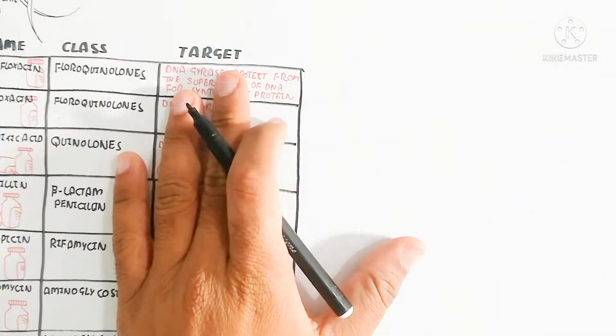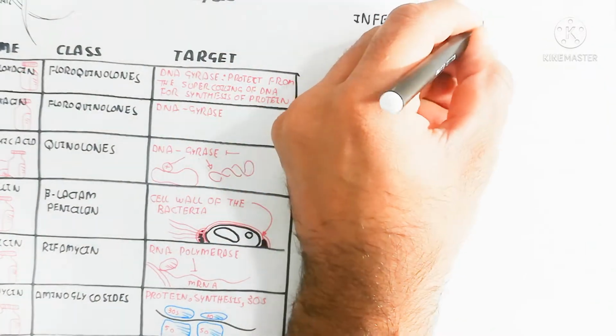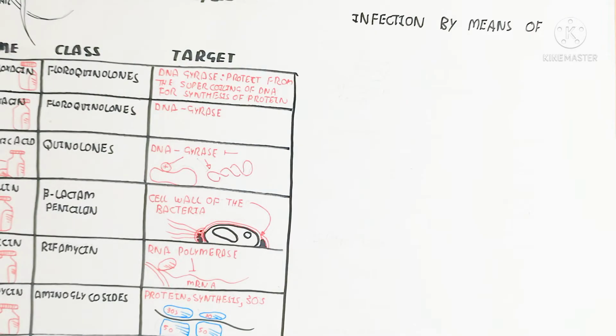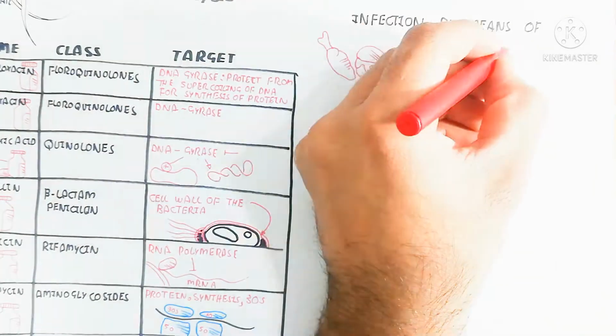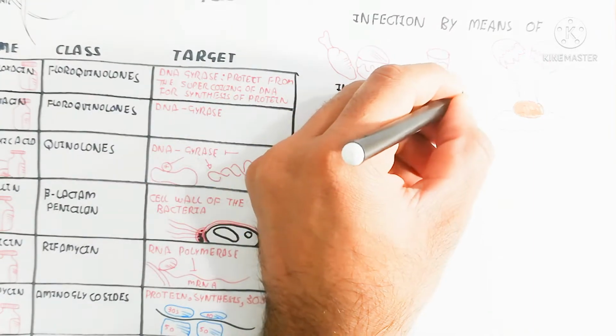Let's understand infection by different means, for example infected food and contaminated water, where bacteria are present in the water.